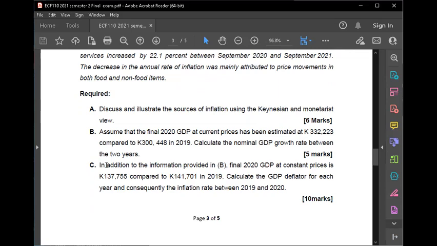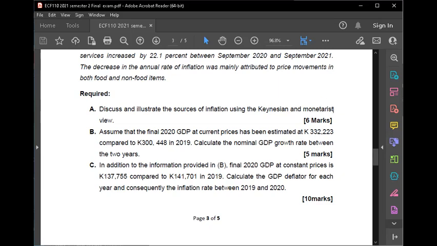Then the other part now that we have, okay, let me talk about it in 2 minutes. It says, assume that the final 2020 GDP at current prices has been estimated as this, compared to 300,000 of 2019. Calculate the nominal GDP growth rate.